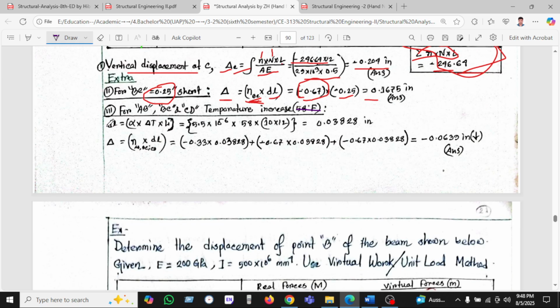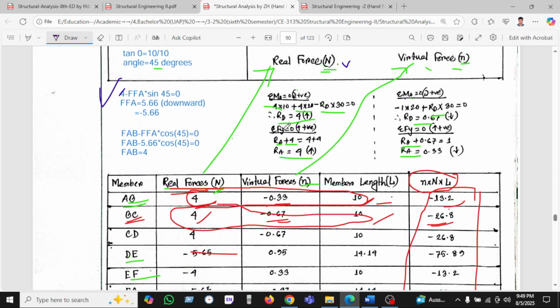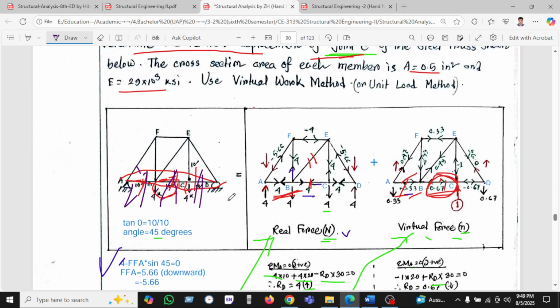So delta L, as we know, equals alpha times delta T times L. Alpha is given as 5.5, a constant value, times 10 to the power minus 6, and 58 is delta T in Fahrenheit, and L is 10 into 12.